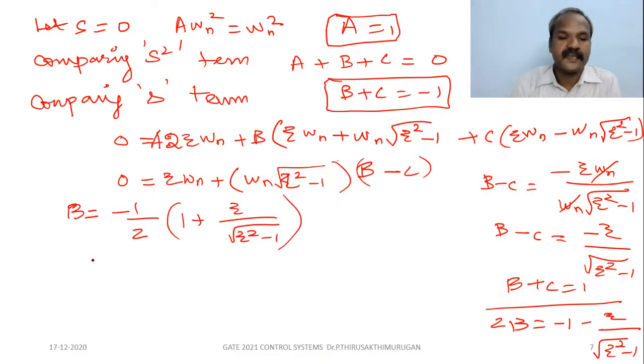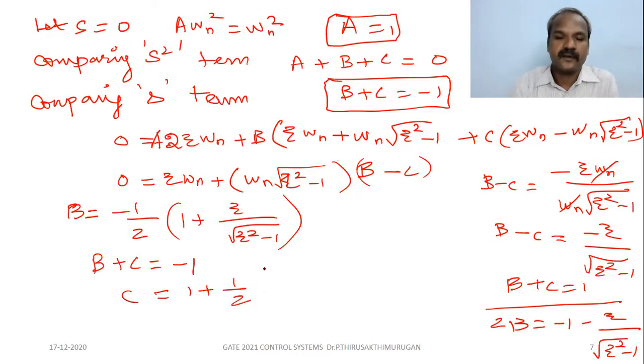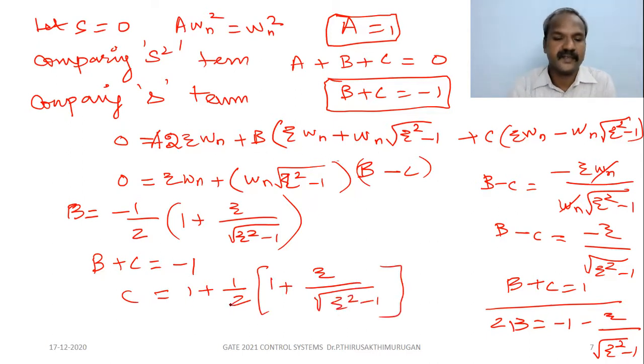Since B plus C equal to minus 1, substituting this value here, we get C equal to minus 1 plus 1 by 2 of 1 plus zeta divided by square root of zeta square minus 1. So this is the C value.